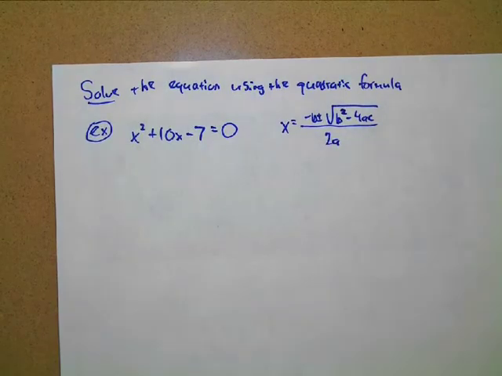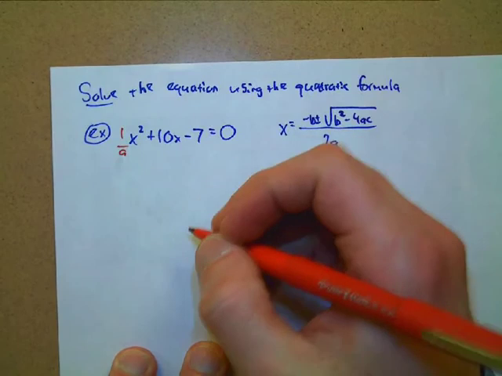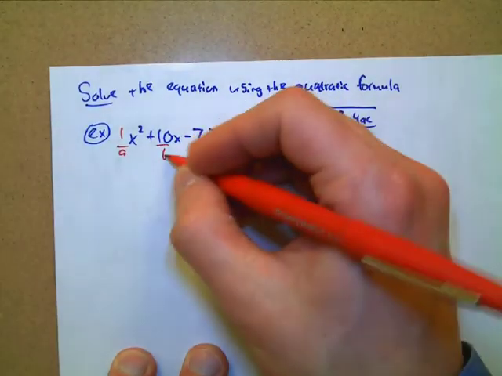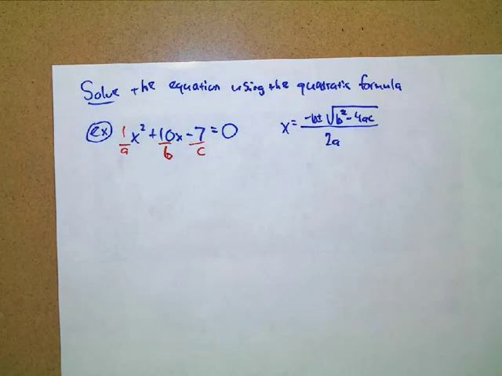Let's go to JK. So JK, what is our a value here for our quadratic? 1 again. Very good. What's our b? 10. And our c? You got it. Very good. So we're going to now plug each one of these numbers into the appropriate place in our quadratic formula.